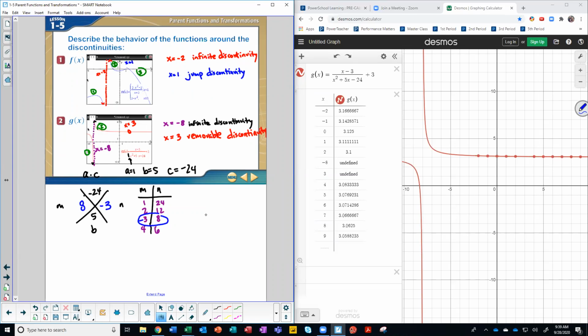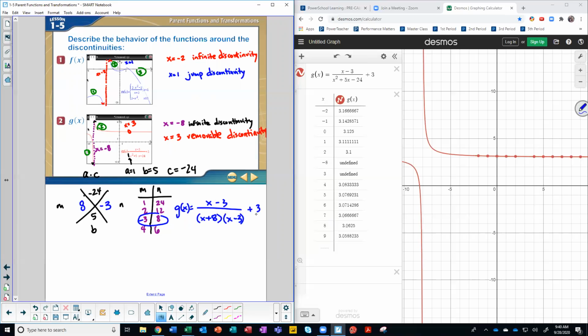So then you'd split your middle term, and you'd be left with g of x equals, we had x minus 3 in the top, but in the bottom I'll rewrite it as x plus 8 and x minus 3. And then there's a plus 3 on the outside.